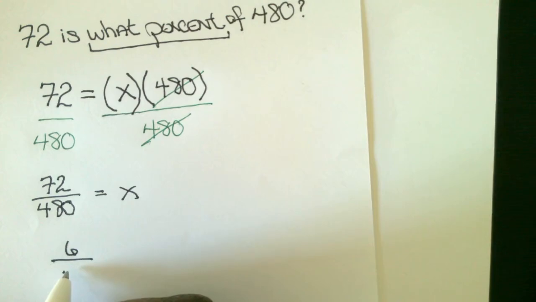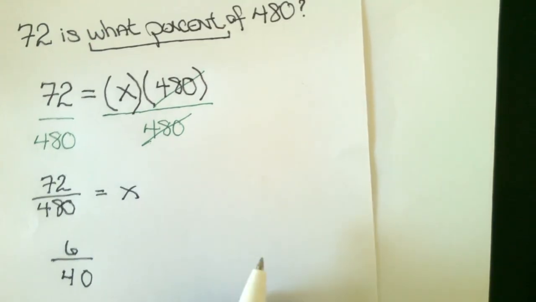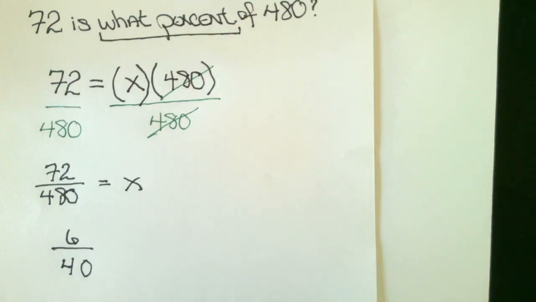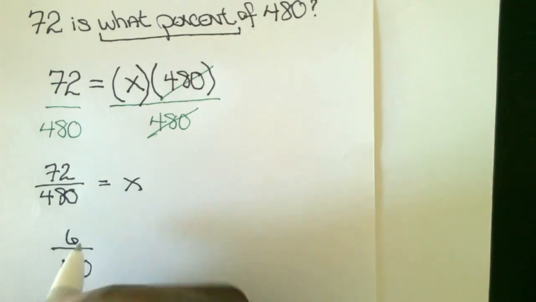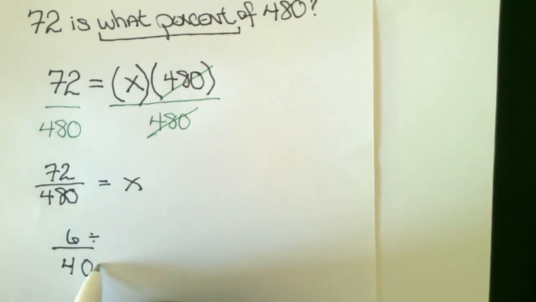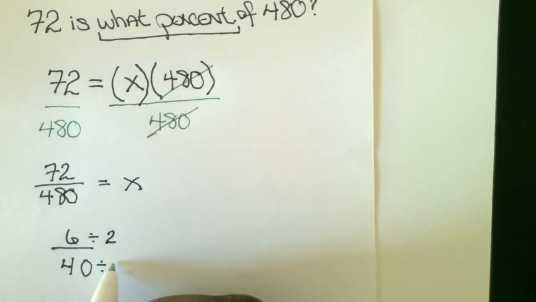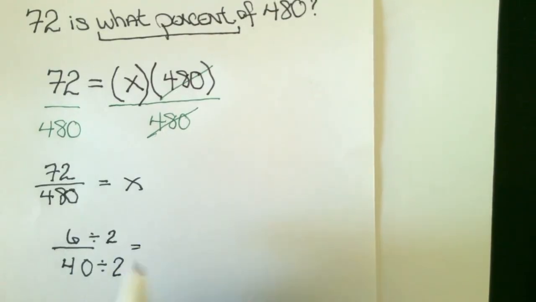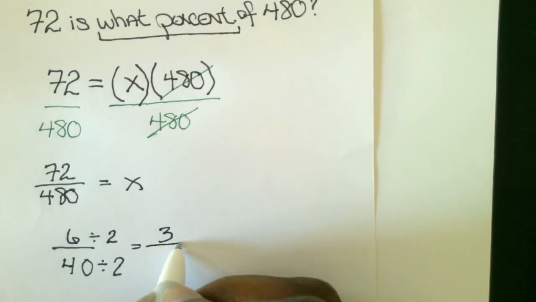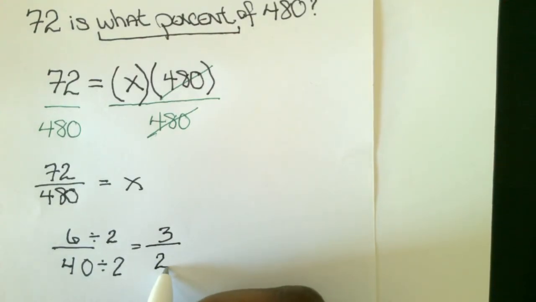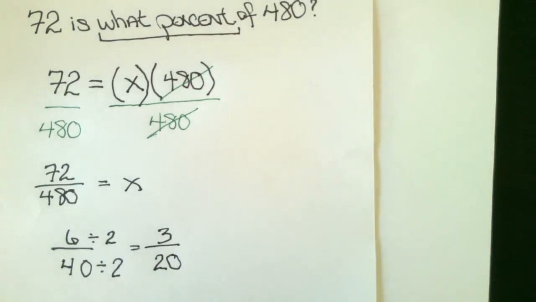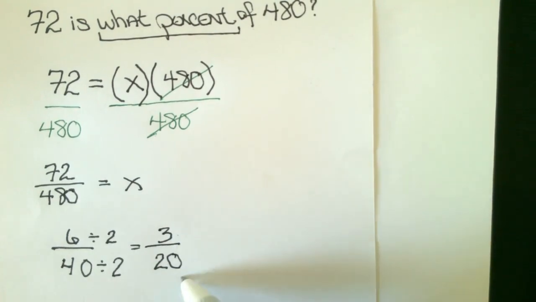What am I talking about? But then both can be reduced as well. Okay? 6 and 40, they're both even. So if I reduce this by 2, this will give me 3. And this will give me 20. So 3/20.